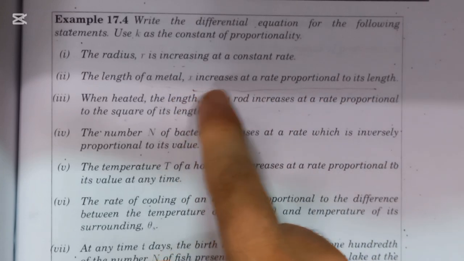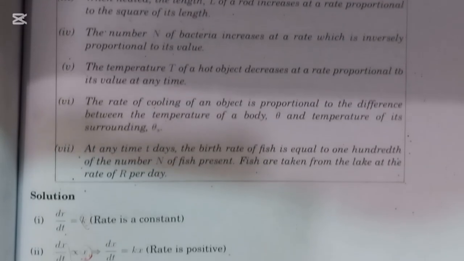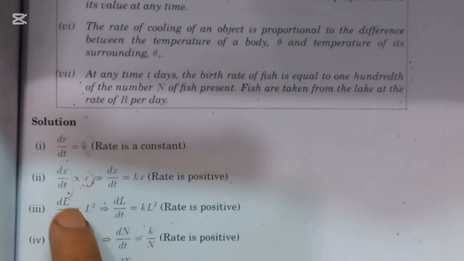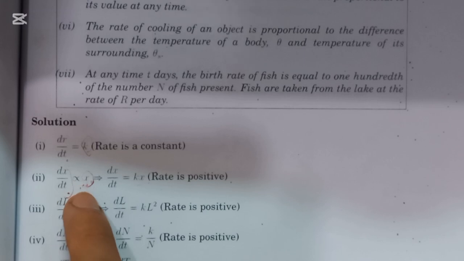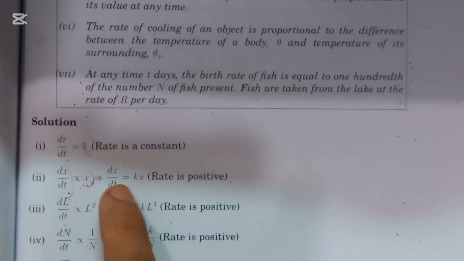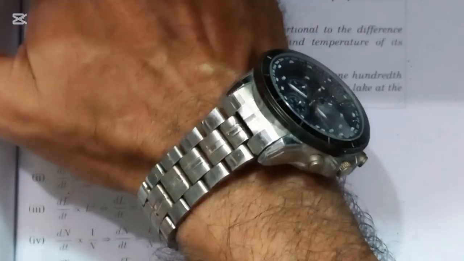So x increases at the rate, and here is the solution. dx over dt will be proportional to x. When we change this proportionality sign into equality, we put a constant k of proportionality on the right hand side. So dx over dt will be equal to kx. The rate is positive.